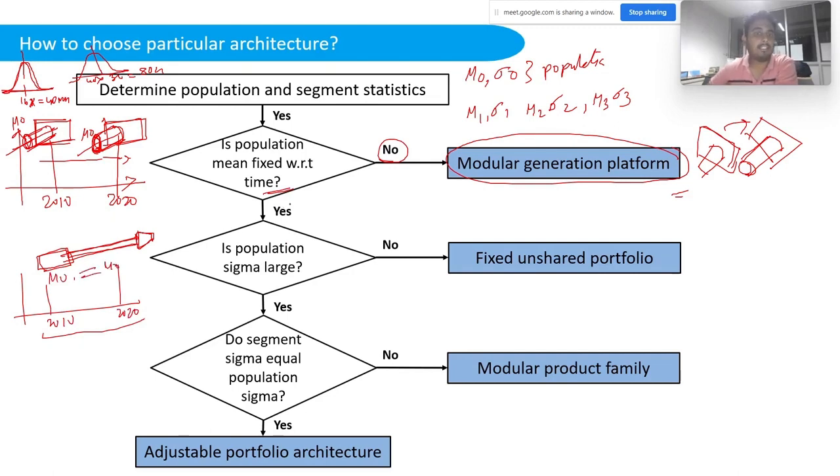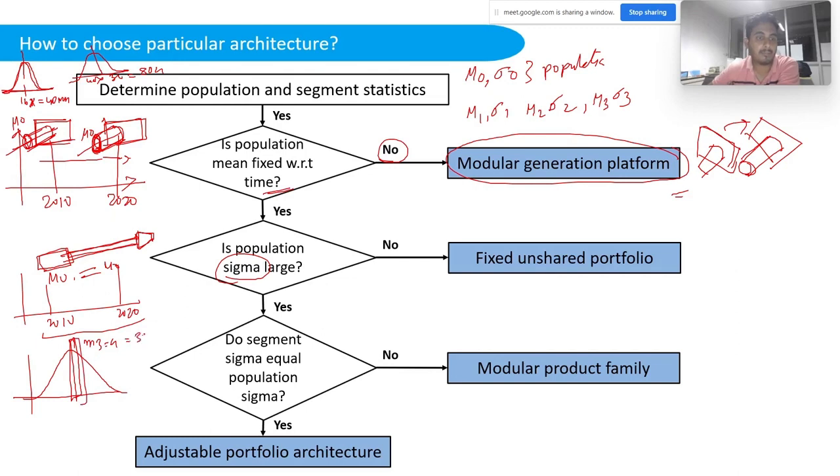Then you need to ask: is the population sigma large? That means, do you have much larger variation in the requirement? When I say sigma, that means variations. So when someone says I want a particular screwdriver for M3 screws, what do you think the variations are?